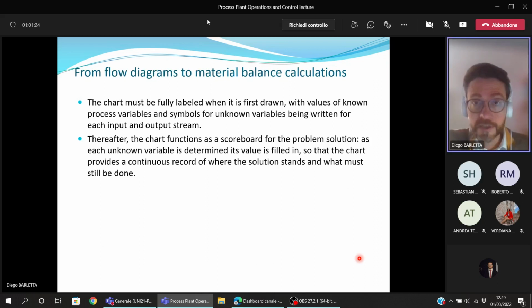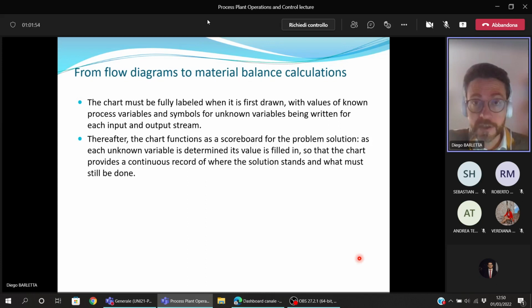Okay, so what is a possible procedure? Once we have drawn the flowchart as a sequence of process units, we could report all the values of the known process variables. So all the known input data could be written clearly, directly on the flowchart.